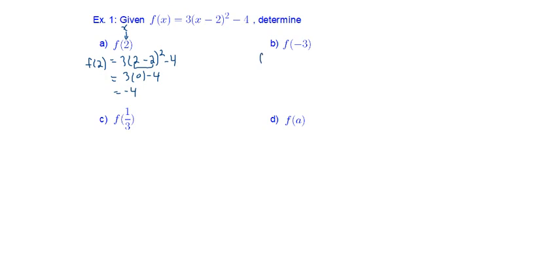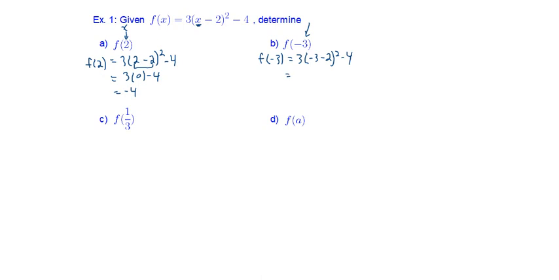And again, here's the same sort of thing, except now we're substituting a negative 3 in everywhere we see an x. So the function here becomes 3 bracket negative 3. Again, everywhere we see an x in that function, we're replacing it with the value that we see inside the brackets here. So we get negative 3 minus 2 all squared minus 4.